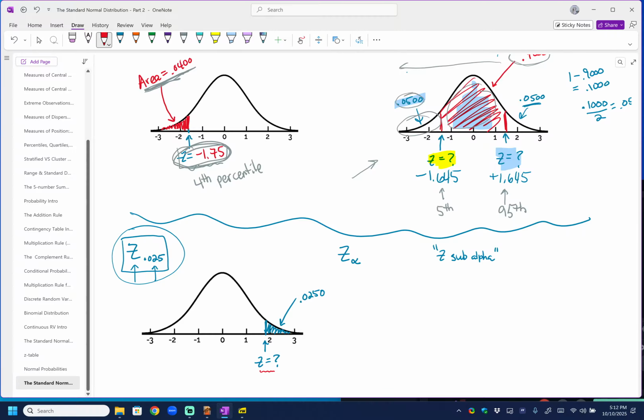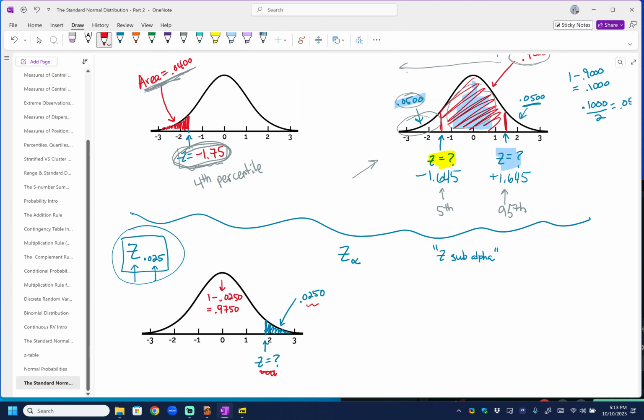I would have to determine what the area below it is so I can look that up in the table. So I want to know what this is on this side. Remember, there's an area of 1 total in the entire normal distribution curve. So if I do a little bit of subtraction here, I'm going to get 0.9750 as the area that is below this z value.